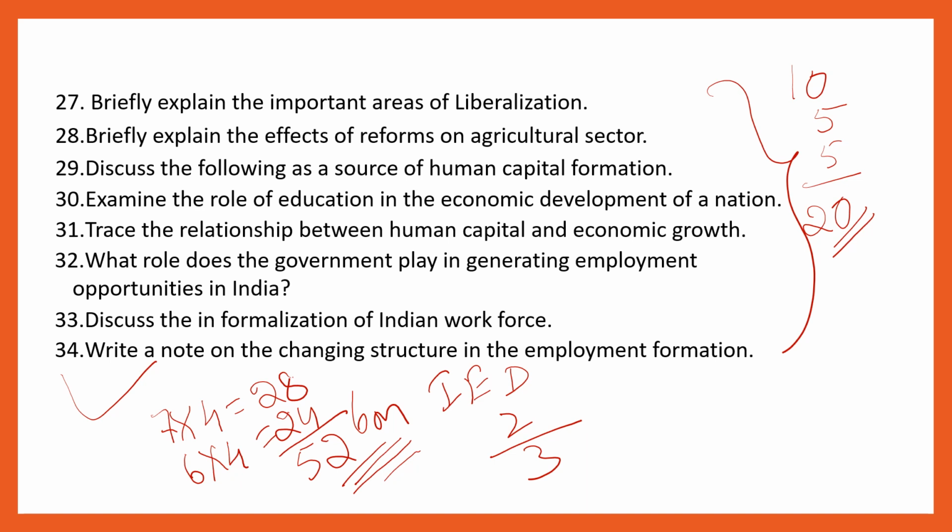Then come to practical oriented, POQ. From all the chapters, you learn practical oriented questions and get full marks, especially from index numbers. Okay, index numbers, that is Sensex, you learn properly, and the causes for land degradation from that chapter you learn, that is one more question.